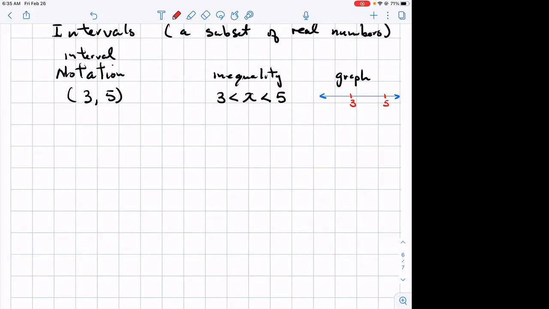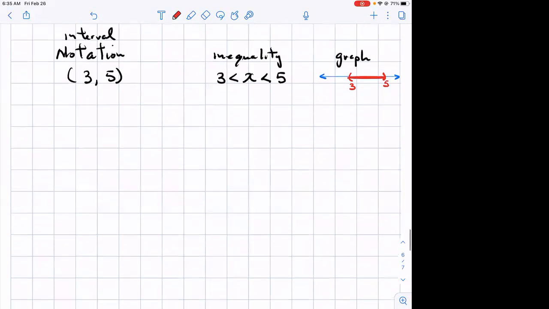And because we have parentheses, that's my graph of this. When you did inequalities, you talked about intervals, right? That's my interval.